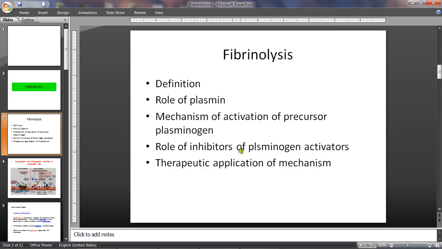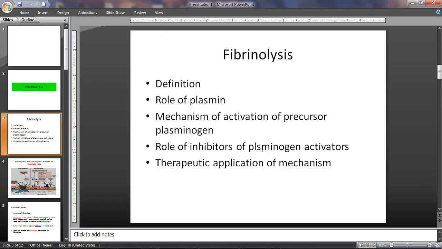This is very important to understand, how the plasminogen activators are inhibited and what are the different factors which could activate the plasminogen, or in other words, this can also be described as inhibitors of the inhibitors.